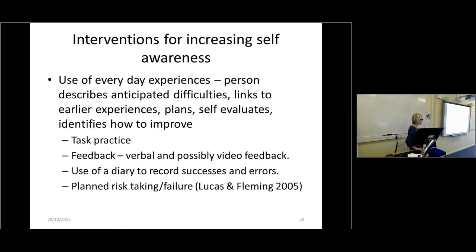So they had a session where they finally decided they were going to let her go on her own and see what would happen. It's a sort of planned risk taking. She got lost, but they did find her again. So you might consciously be deciding to do that with somebody. Let's see what happens with this particular issue.